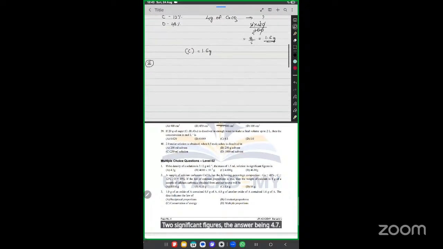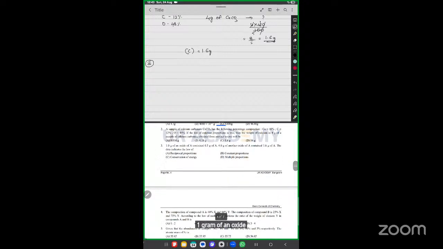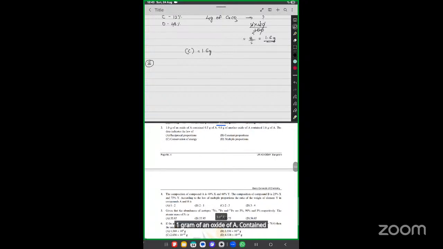Third one, 1 gram of an oxide of A contained 0.5 gram of A, right? So we have an oxide which is 1 gram. 1 gram oxide has 0.5 grams A, and 4 gram of another oxide. So this is oxide 1 and this is oxide 2.